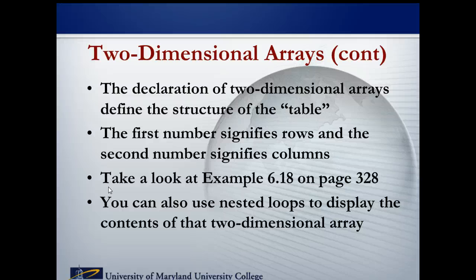But it's important to picture in your brain that as we declare these two-dimensional arrays, the first number signifies rows, and then the second number signifies columns. So let's take a look at example 6.18 on page 328 to see how that works.